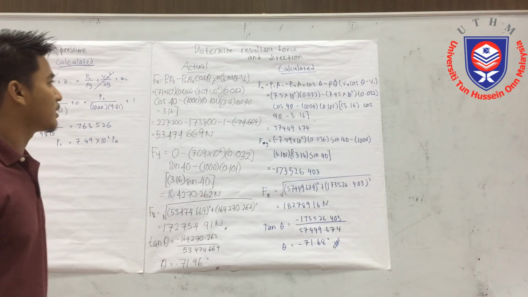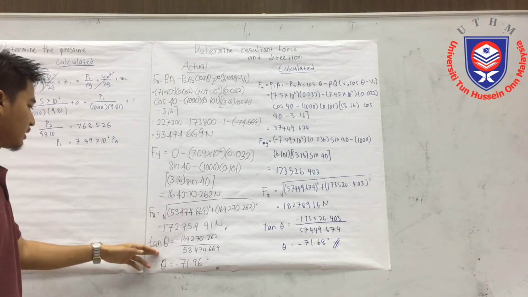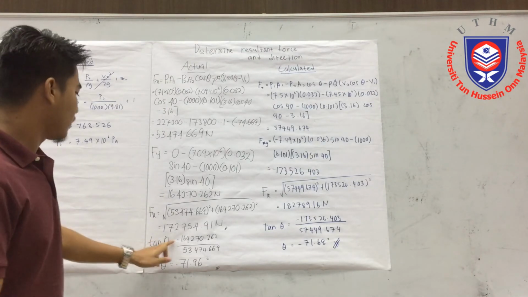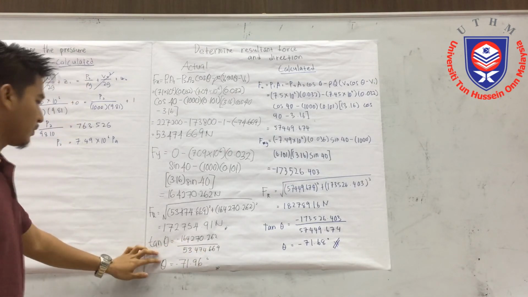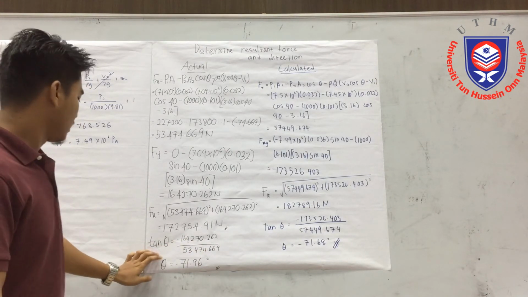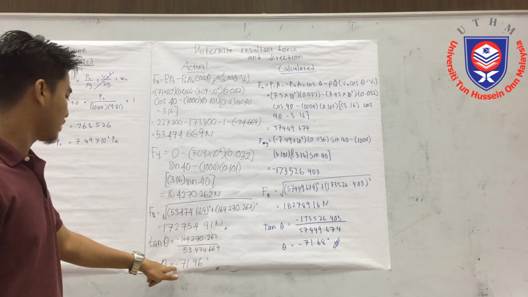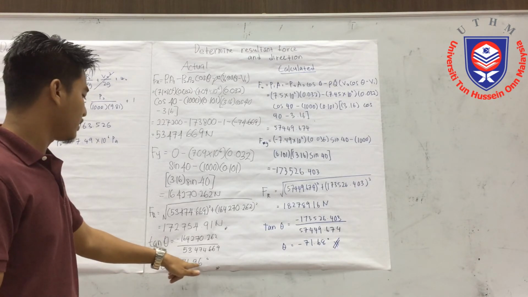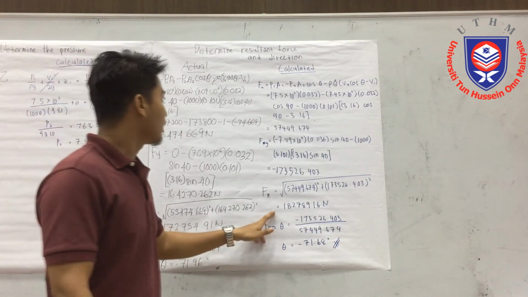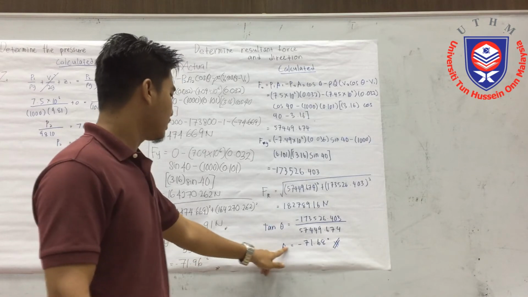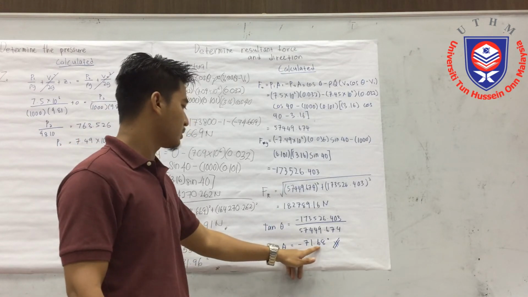Then we find the direction using tangent theta equals Fy over Fx. For the actual angle we get negative 71.96, and for the calculated we get negative 71.68.